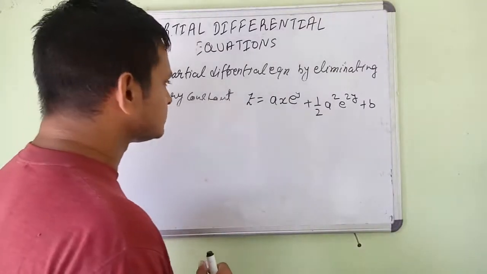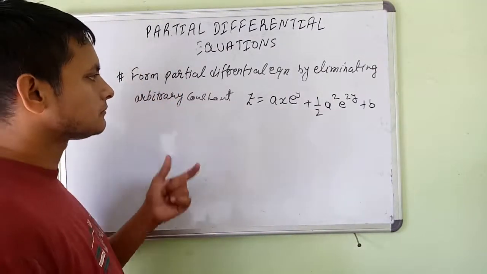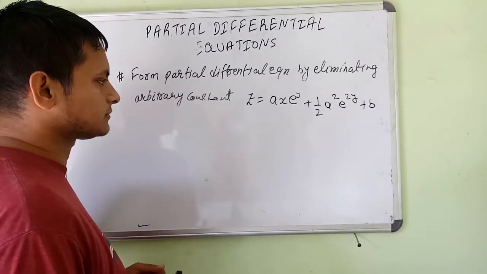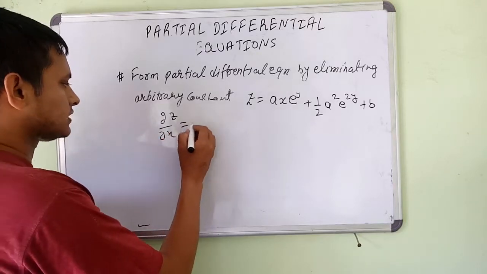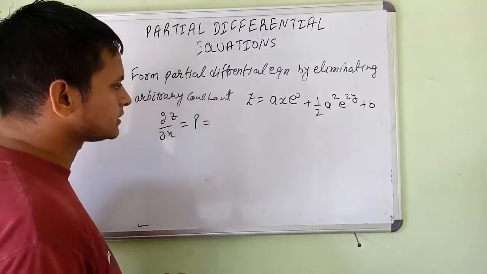So now again the same problem, by elimination of arbitrary constants. ∂z/∂x, which is equal to p.